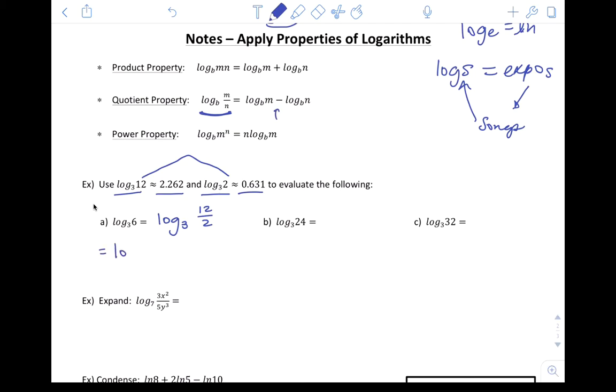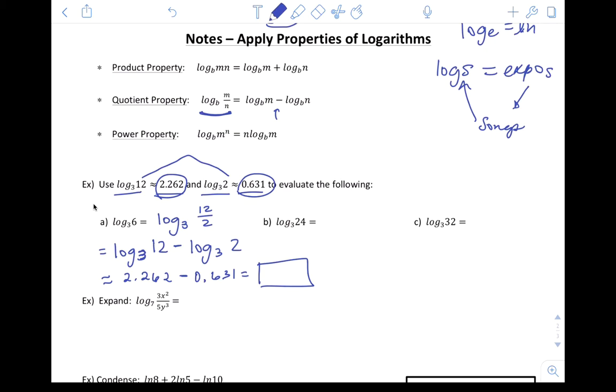So what this really is log base 3 of 12 minus log base 3 of 2. And since I have that written down right here and right here, what I'm really doing is 2.262 minus 0.631.